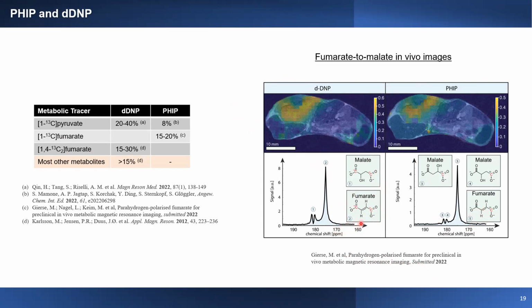And what we see is that essentially in these DNP images, the signals are about twice the intensity. But in the PHIP case, although the signals are only half the intensity, it's still enough to take these metabolic maps showing malate to fumarate ratio and to extract information from the mouse in this case.